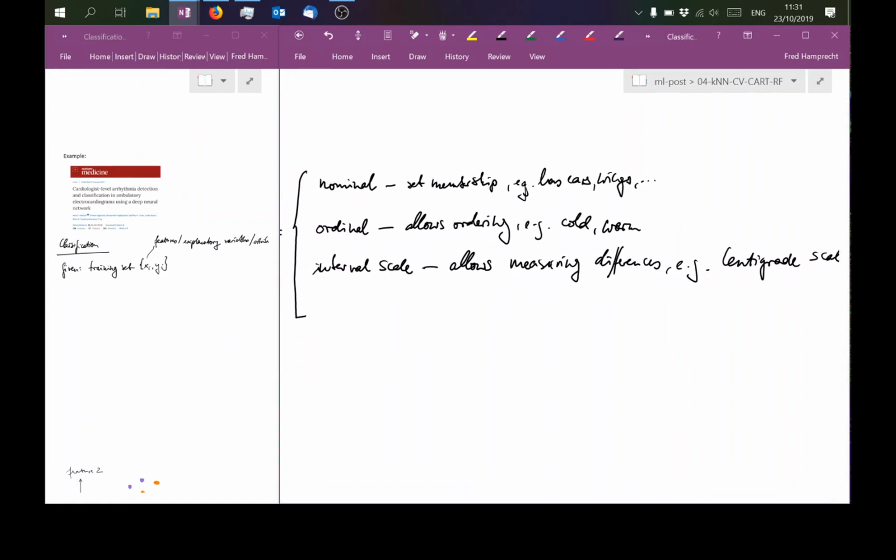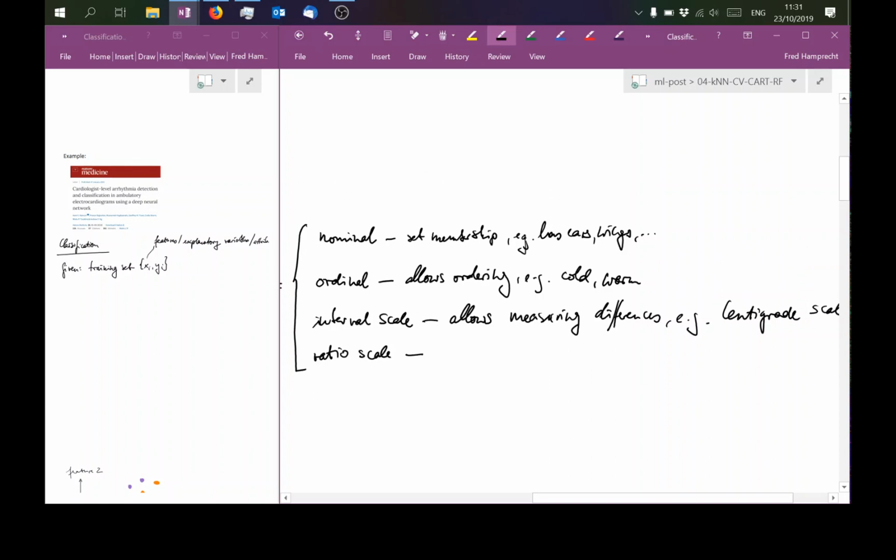And finally, we have the ratio scale, which also allows measuring differences, but in addition has a notion of an absolute zero. So this is like the interval scale, but with an absolute or with a meaningful zero.